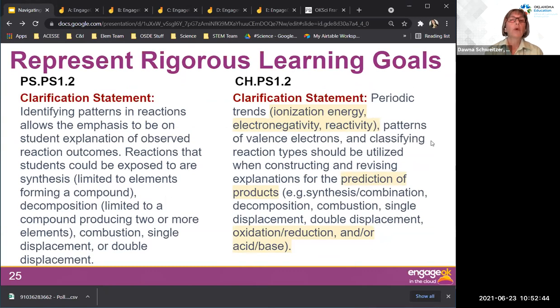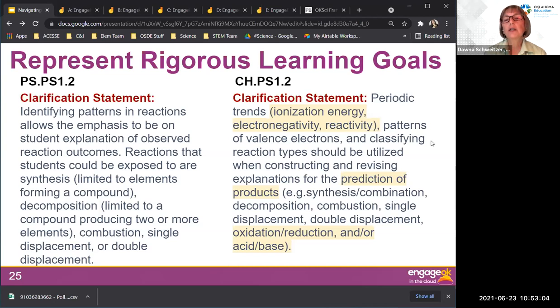However, when you look at the clarification statement for the two subject areas, there are differences. So again, thinking about rigor and the depth of understanding, you'll notice that the chemistry clarification statement added more detail.